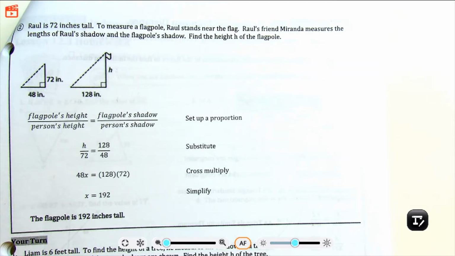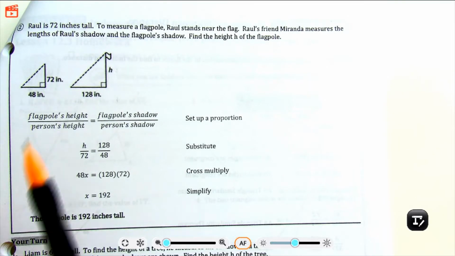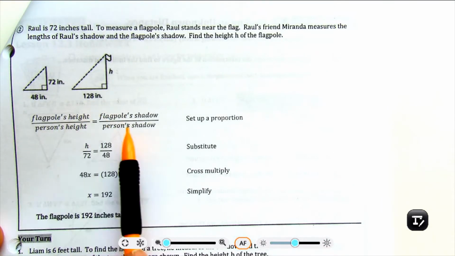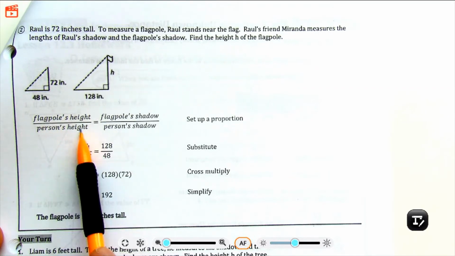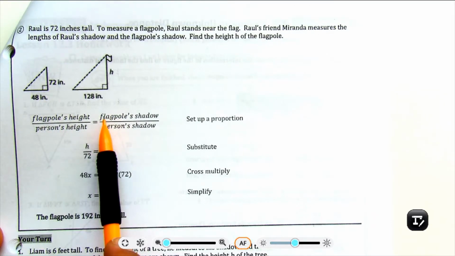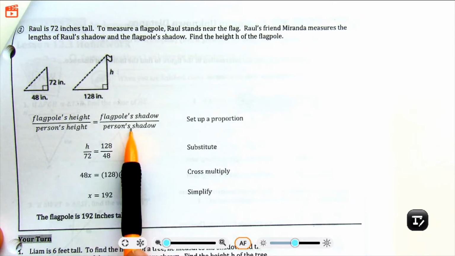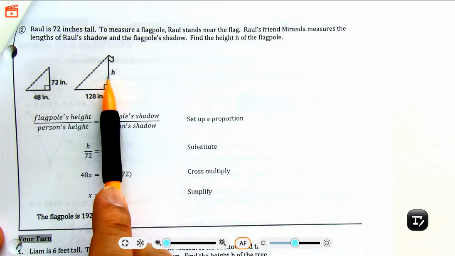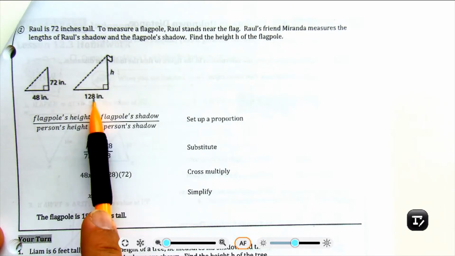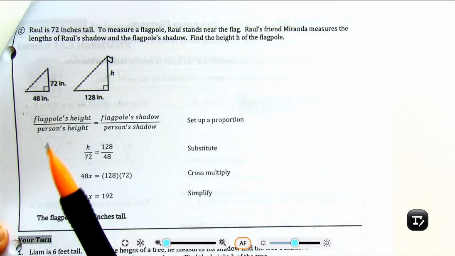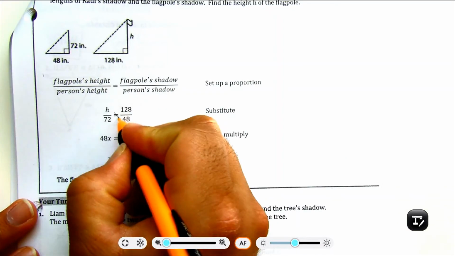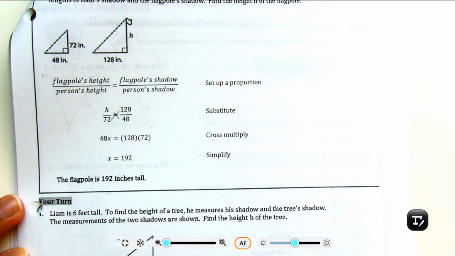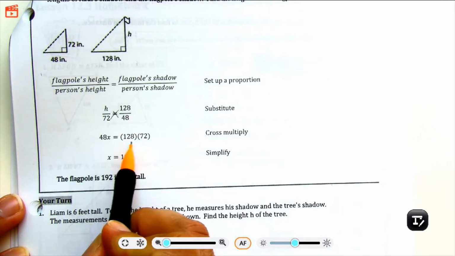So this is one way they create the proportion. The flagpole's height over the person's height is equal to the flagpole's shadow over the person's shadow. So h over 72 equals 128 over 48. We have this proportion here, and then we cross multiply, and we get 48x equals 128 times 72.